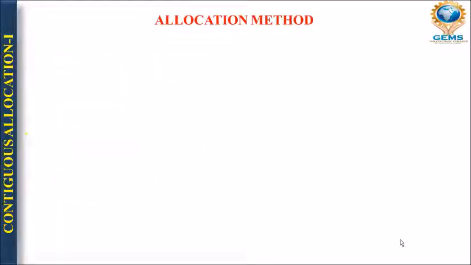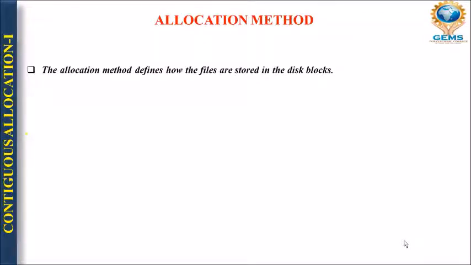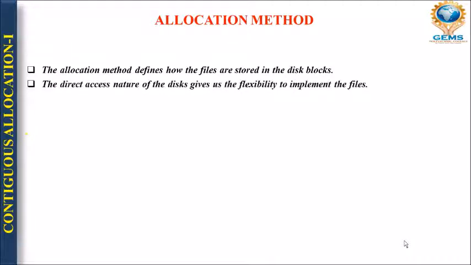So let's start with the first topic, that is allocation method. The allocation method defines how the files are stored into the disk blocks. The direct access nature of the disk gives the flexibility to implement the file. The files can be allocated in different ways, so there is a harmony in how we can save the file into the disk.